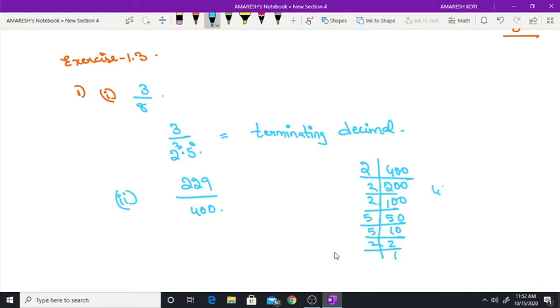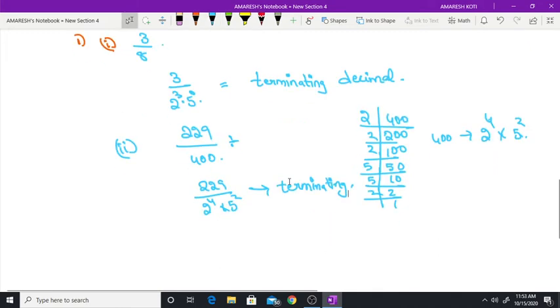So 400 can be written as 2 power 4 into 5 square. So it is in the form of 2 power m into 5 power n. So it can be written as 229 by 2 power 4 into 5 square. So it is terminating. These are very tricky sums, very simple sums.